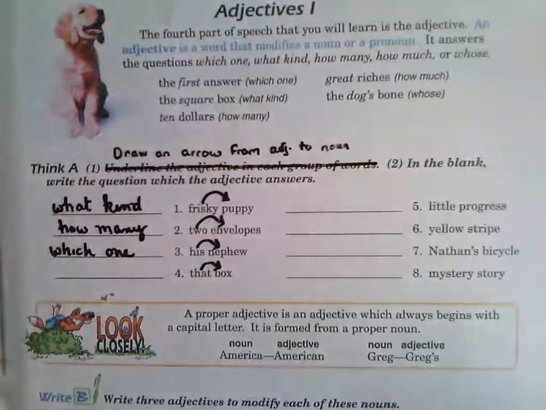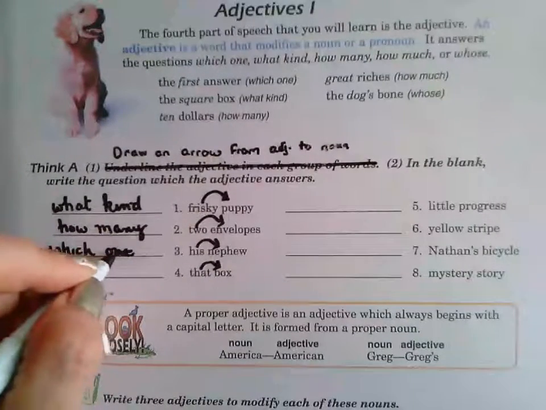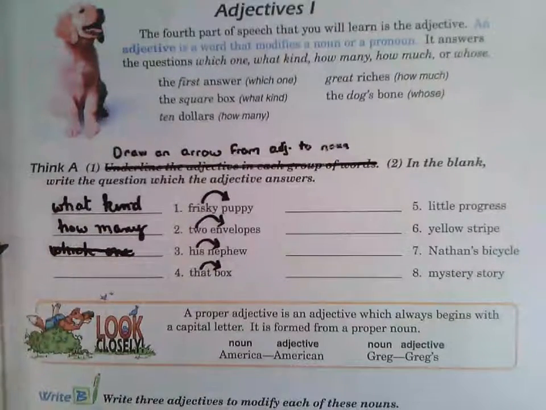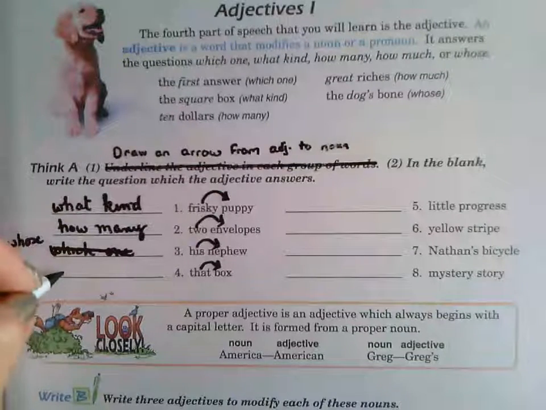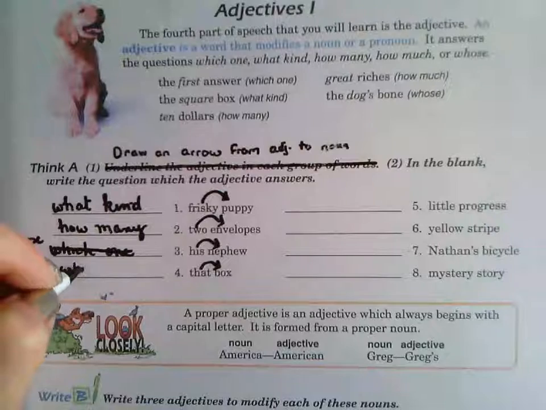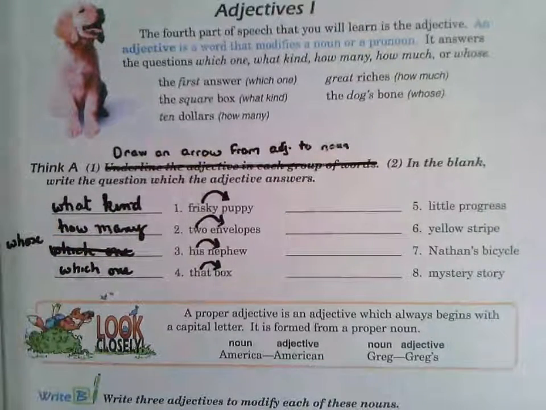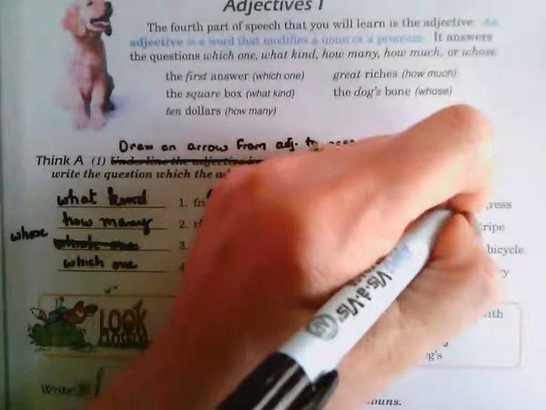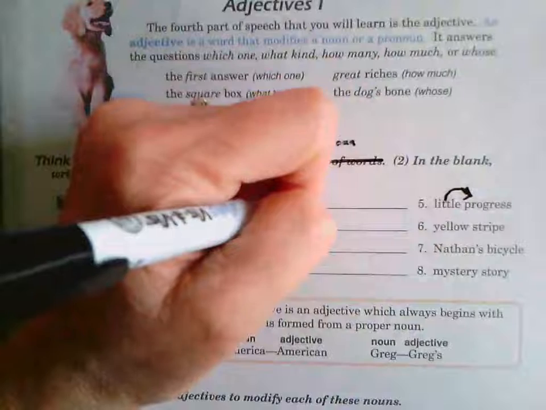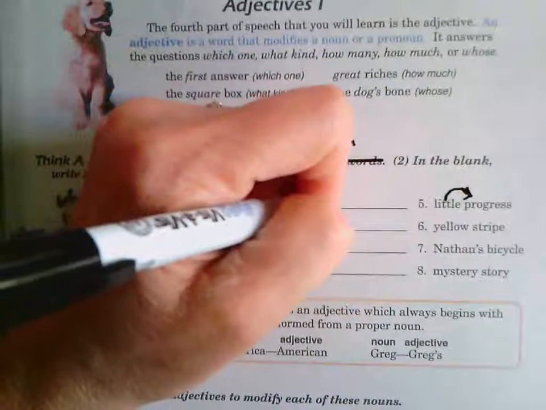Number 3? I disagree. Number 3 is not which one. It's whose. Whose nephew? His nephew. This one is which one. Okay. Number 5, little progress. How much progress? There's our adjective. How much is the question and answers.